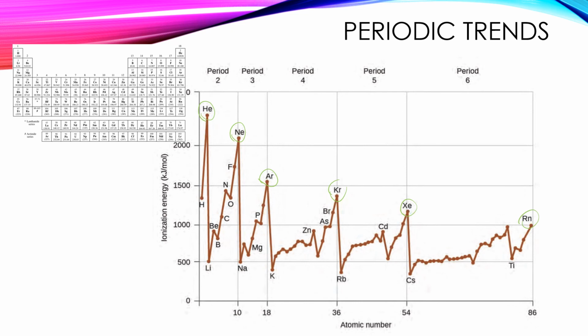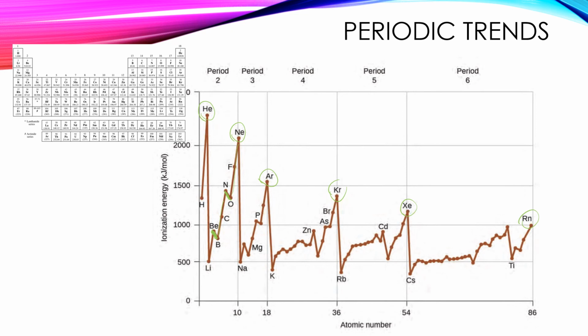But when we move across a period, we'll notice there's a couple little switches. So we have lithium, beryllium, but then boron actually goes down before going back up, and then from nitrogen to oxygen, we also went back down before going back up.